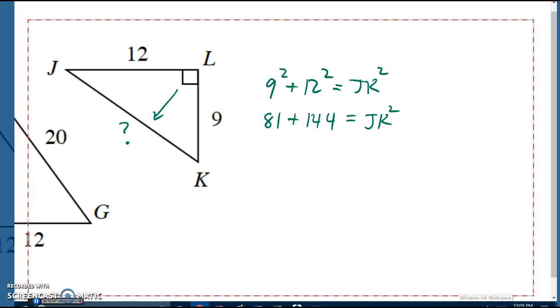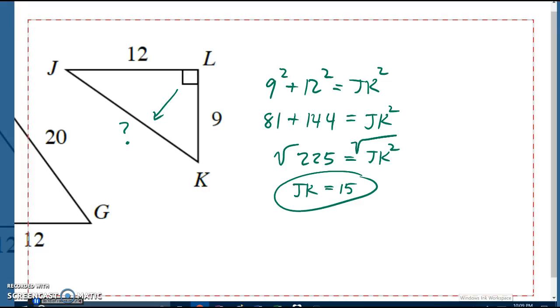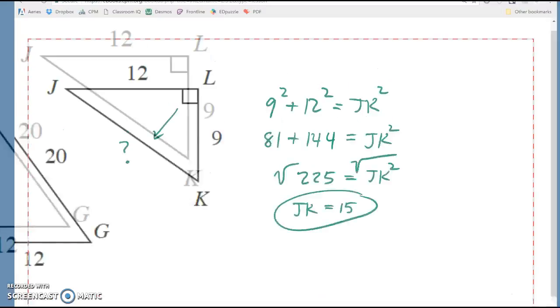When we add these together, we get 225 equals JK squared. Then we just square root both sides. JK is exactly 15. So, that one's done.